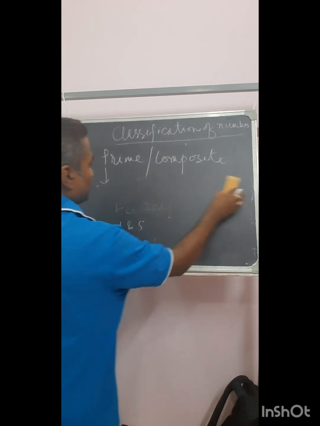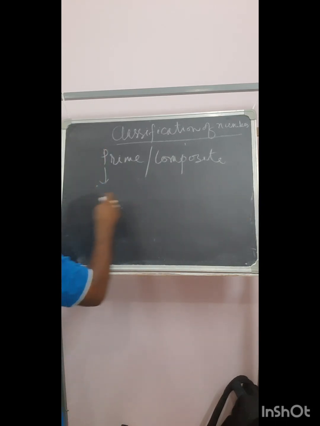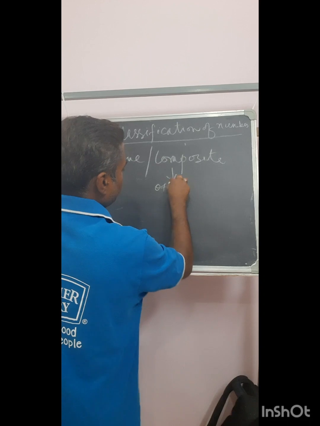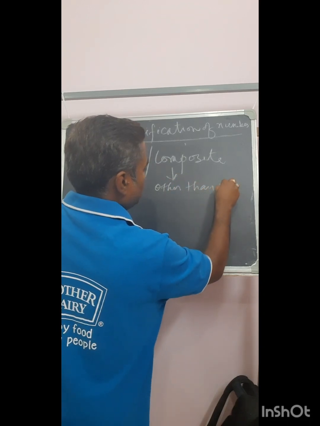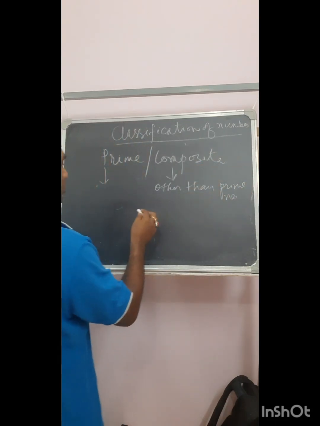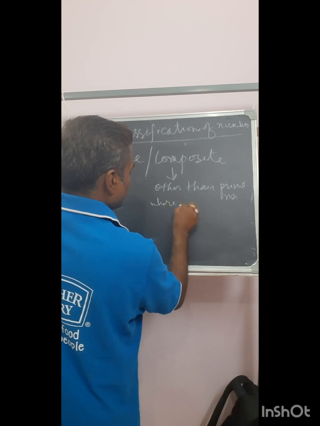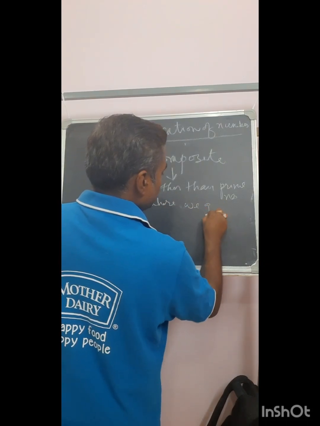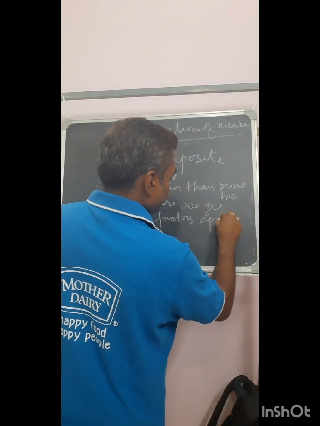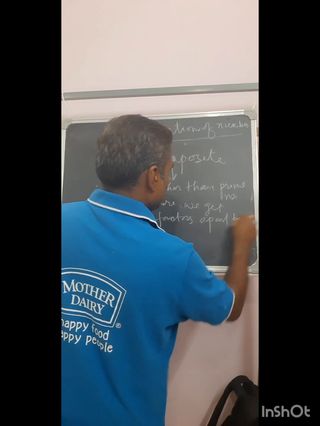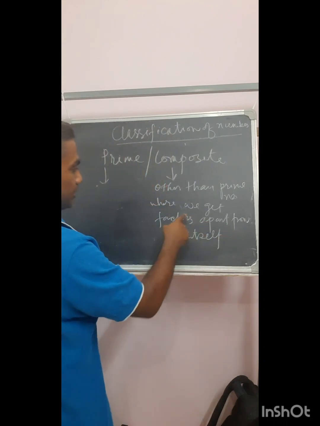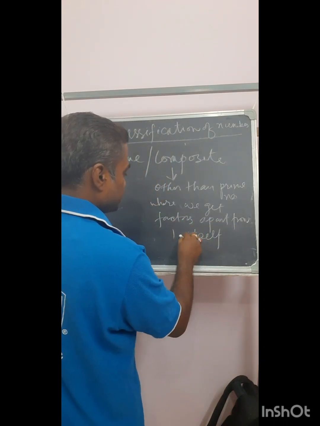Whereas the composite numbers are those which can be defined straightaway as other than prime numbers. This is the straightforward answer. Other than prime, all numbers are composite, or you can say where we get factors apart from 1 and itself.